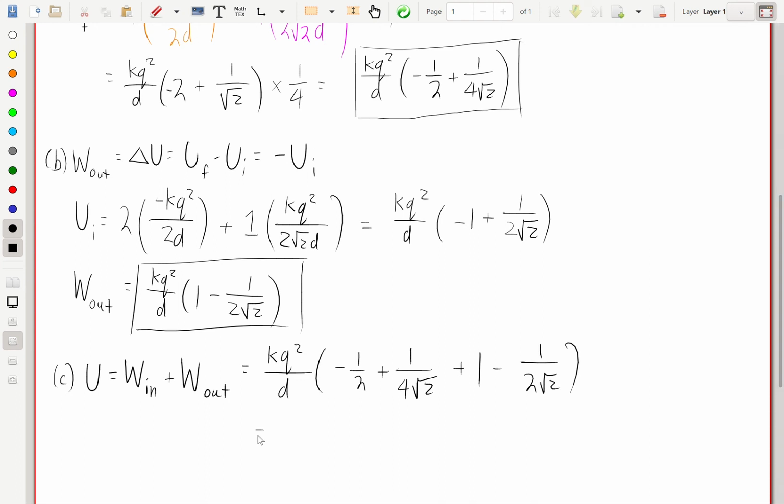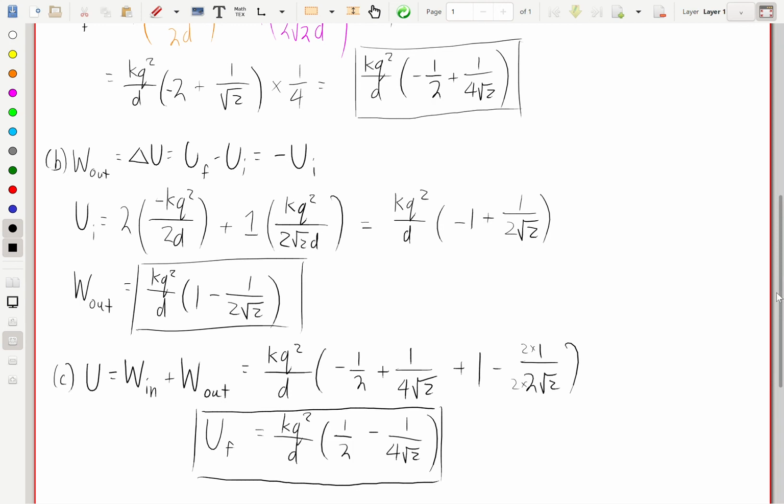And doing some simple algebra, we can reduce this to 1/2. We can times 2 on both sides, and that would give us negative 1/(4 root 2) as the final potential energy of the 2 conducting planes.